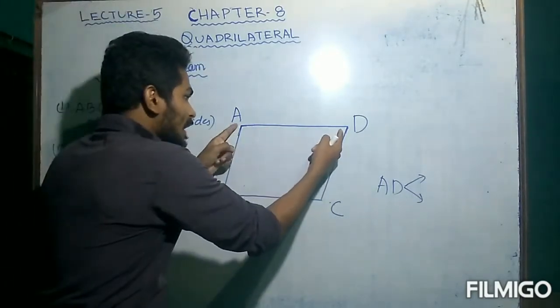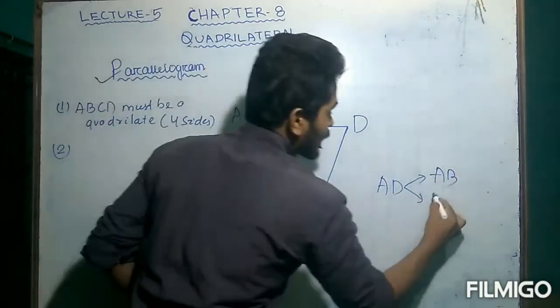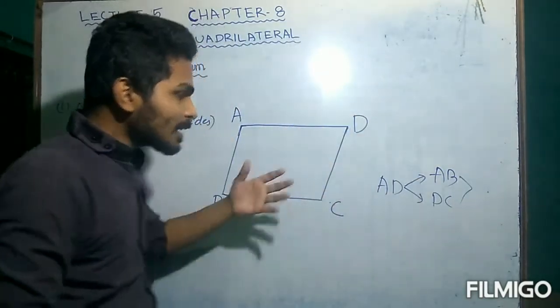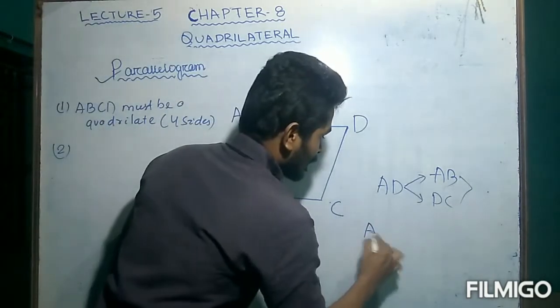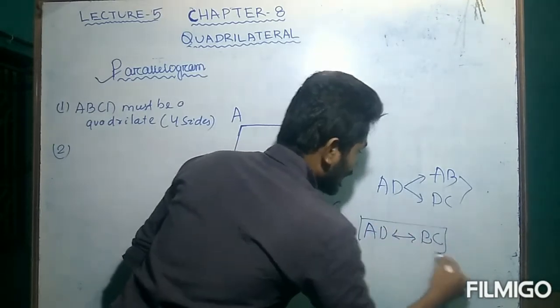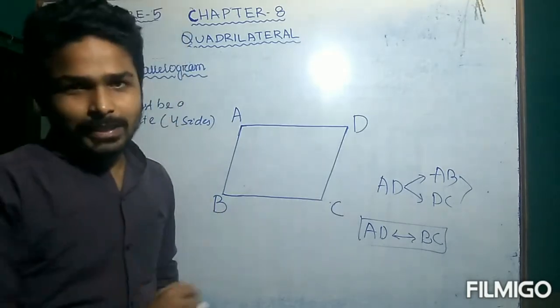So to the side AD, side AB is related and side DC is related. So these two are consecutive sides. Then what is the non-consecutive side of AD? This is BC. So AD and BC are non-consecutive sides, or they are known as opposite sides.